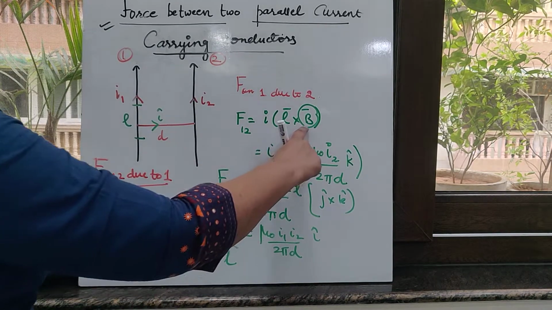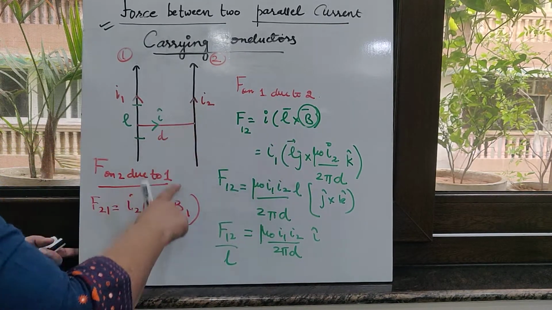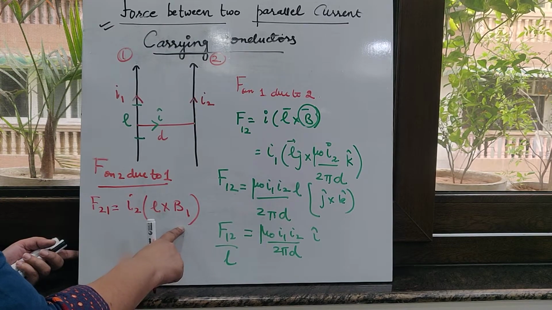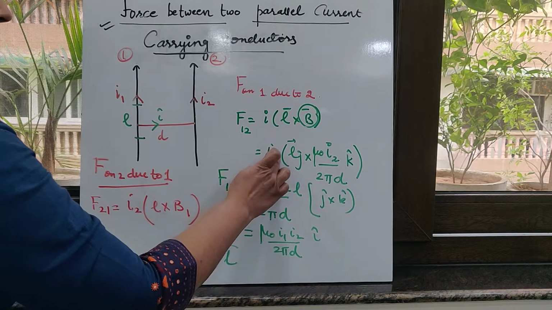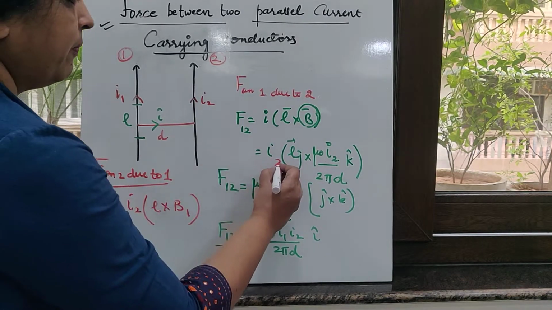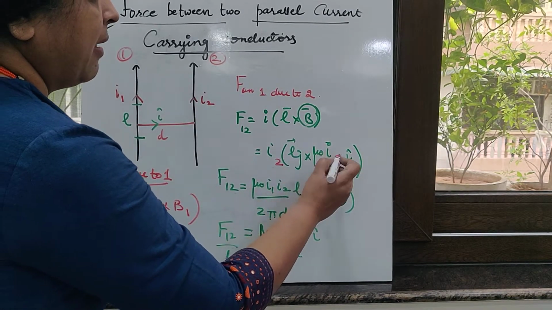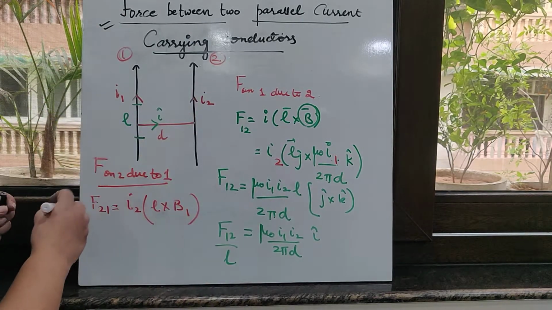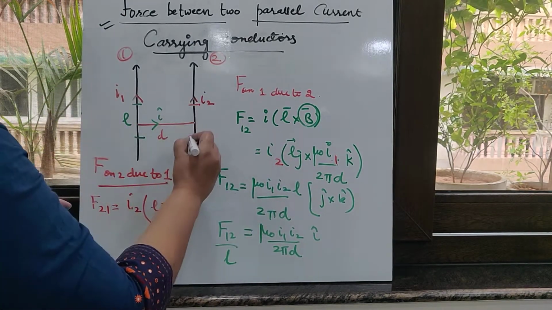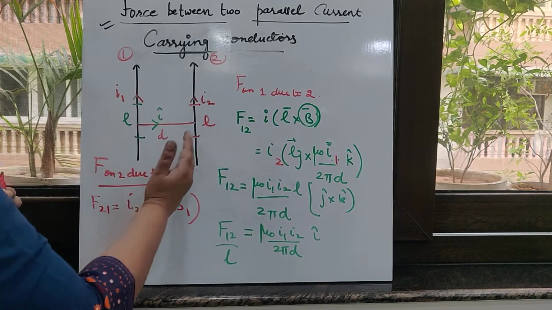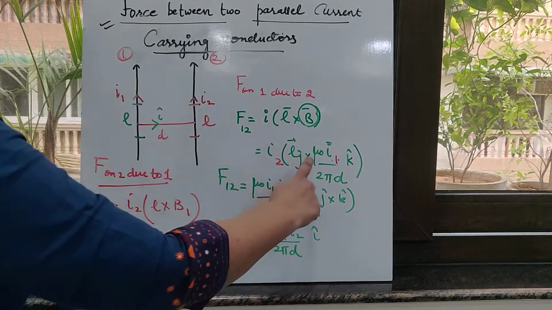Right? Here the magnetic field was produced by the second one. Now we will take the magnetic field produced by the first one. So I will make the changes here only. This 1 will become 2. This 2 will become 1. But the direction for L is the same if I take L as this. So the direction of L is the same as J.